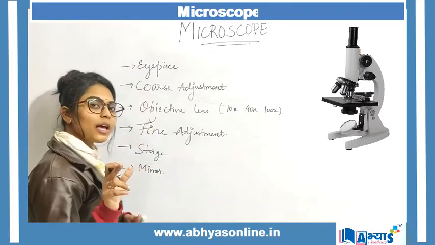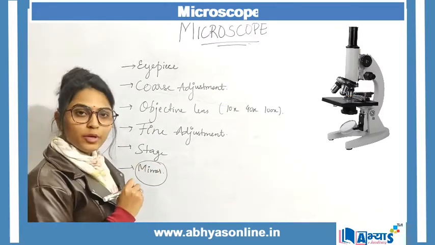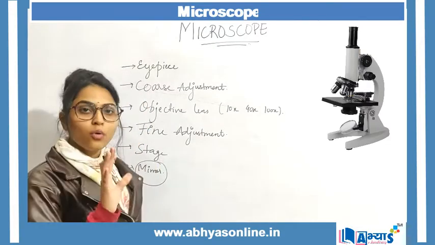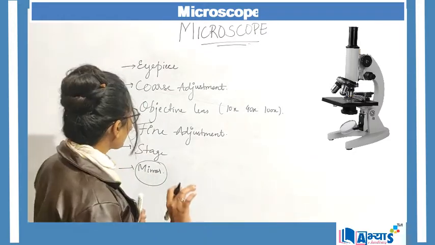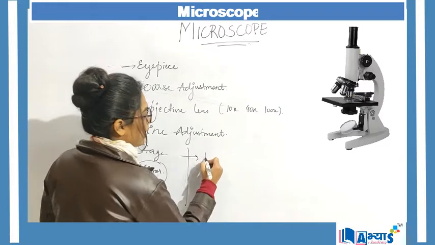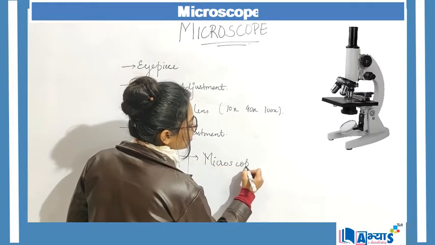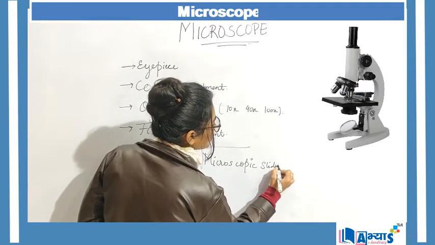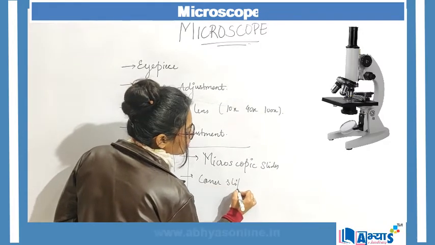And now the question arises: what is the work of the mirror in the compound microscope? The mirror generally focuses the light directly onto the sample. Now additionally there are microscopic slides and cover slips.